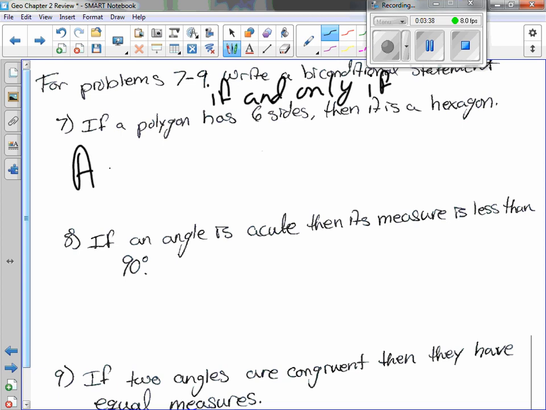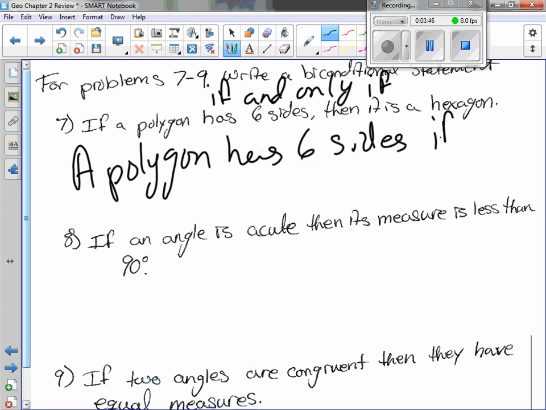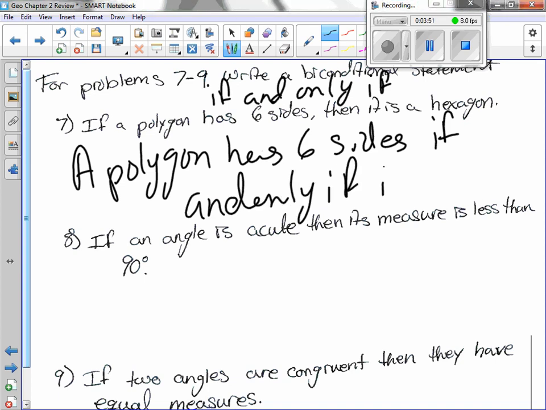So, a polygon has 6 sides if and only if it is a hexagon. Biconditional is if and only if. You have to have if and only if, and it cannot have if and then, because we're replacing the if and then with if and only if.